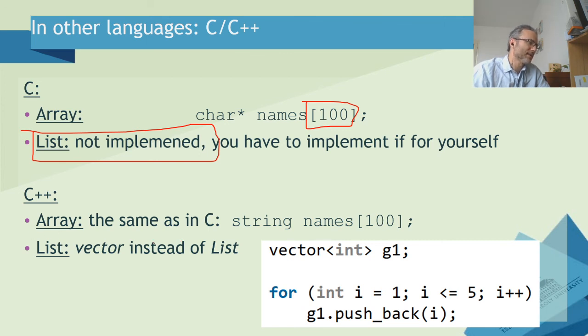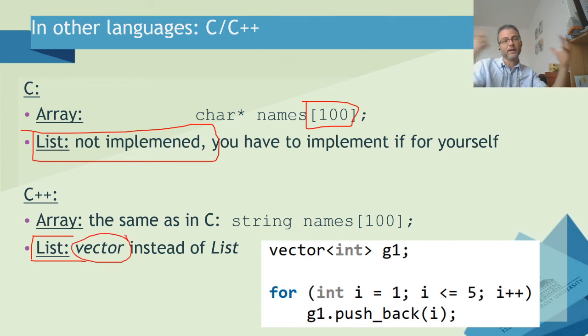In C++, you can use an extension library which offers such a list data structure. It's called not a list but a vector, a sequence of elements.